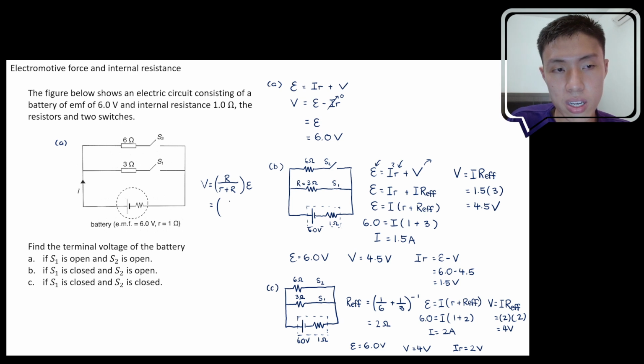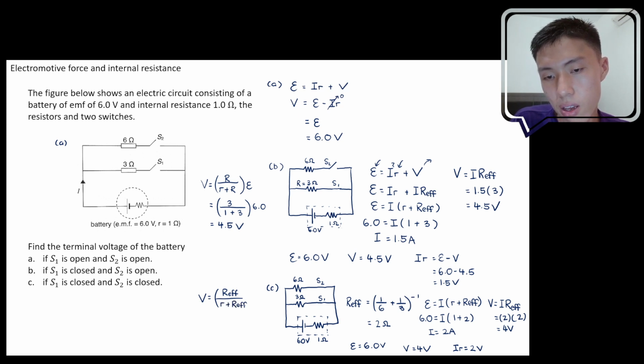Okay, so for the external circuit you have 3, internal resistance is 1, external resistance is 3, so it will be 3 over 4 multiplied by 6. 3 over 4 multiplied by 6 is just 4.5. Okay, so this is one way of solving question B. If you apply the same concept for C, V is equals to R effective over R plus R effective, multiplied by the electromotive force, because there are 2 external resistances involved.